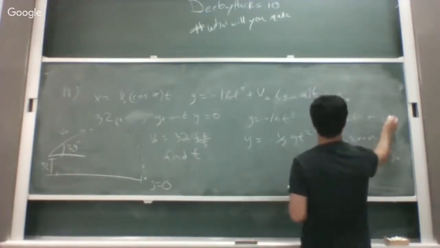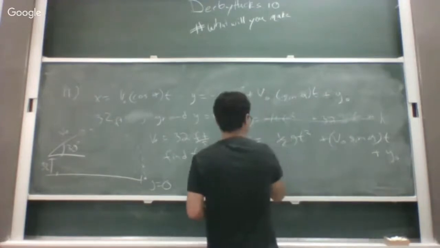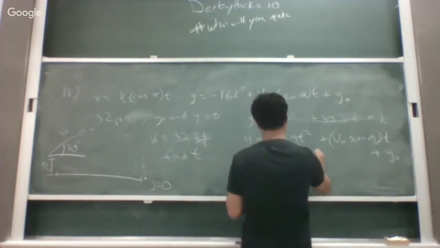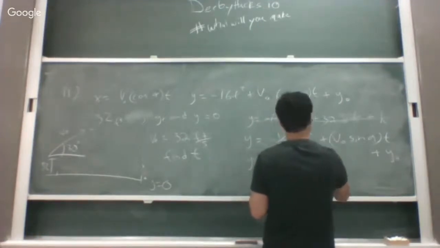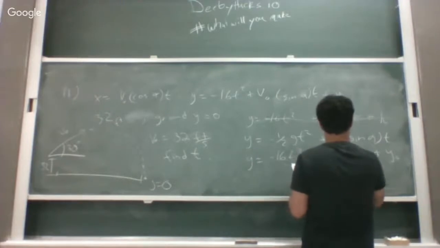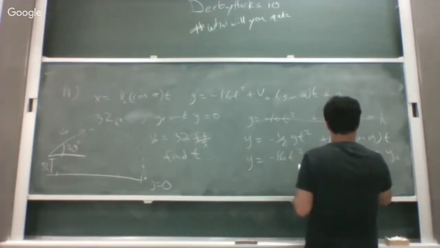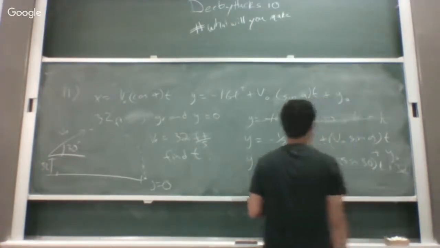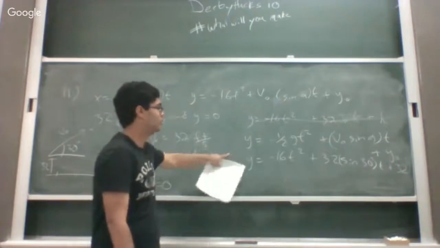So when we fill everything in, we have negative 16 t squared plus 32 times sine of 30 times t plus 32. This equation you should memorize though.